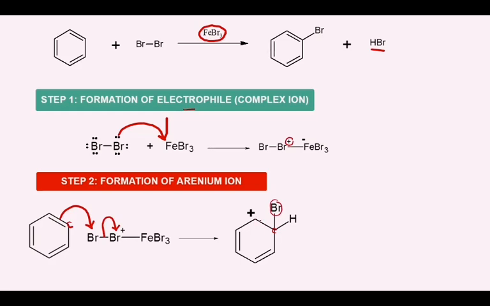Now, when Br attaches to this carbon, the C=C double bond breaks, which makes the carbon at the other side become positively charged. So this actually is an arenium ion.